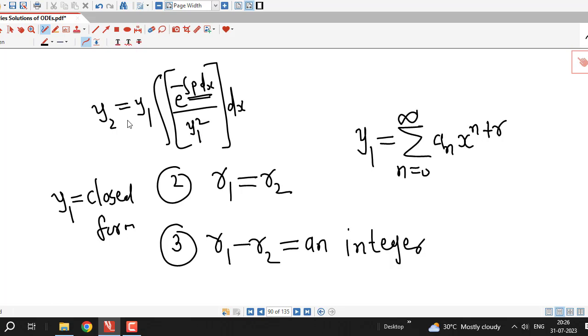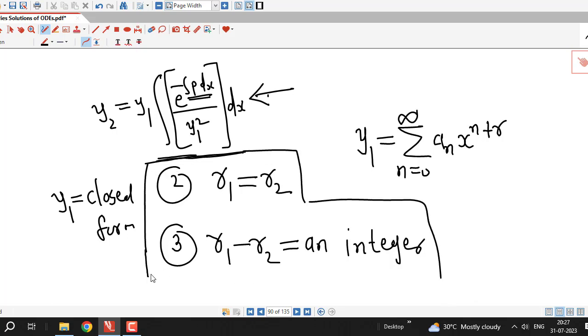If it is not possible to find the second solution using this integral, or we can say that sometimes it is not possible to evaluate this integral, then we have to think of another criterion to decide the second solution in the case of r1 equal to r2 and r1 and r2 differing by an integer. So that we will discuss later as we proceed further.